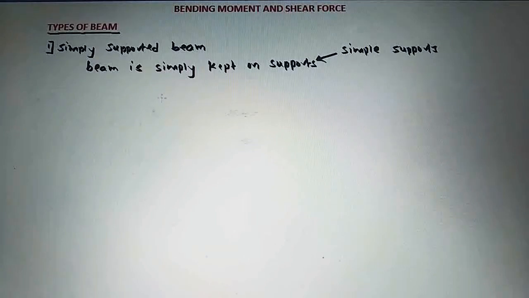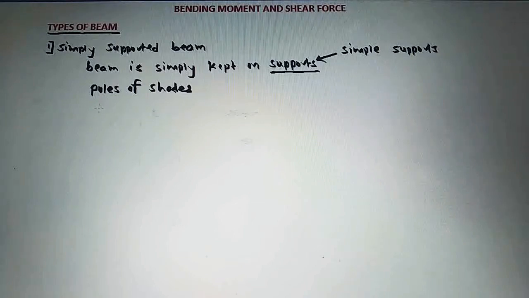When a beam is simply kept on supports, then those supports are called simple supports and the beam is called as simply supported beam. For example, you can take poles of sheds.